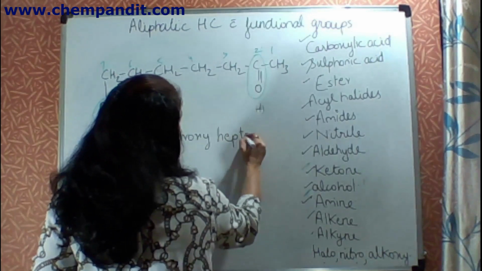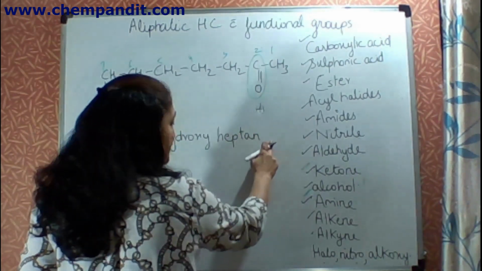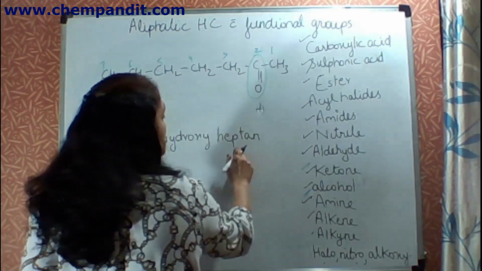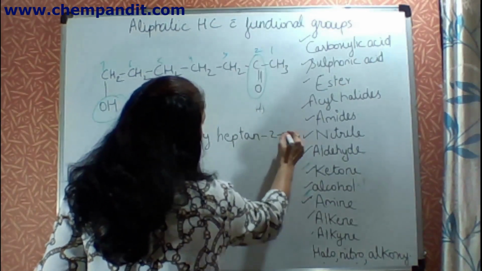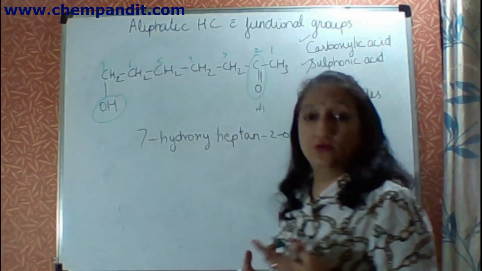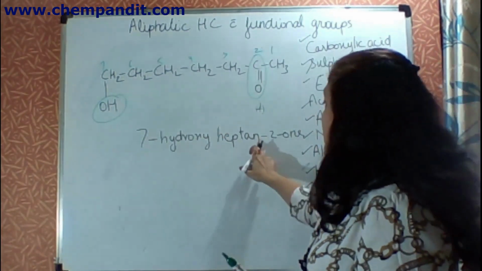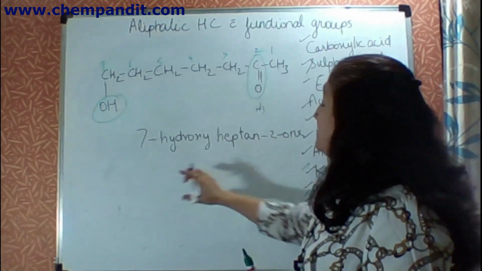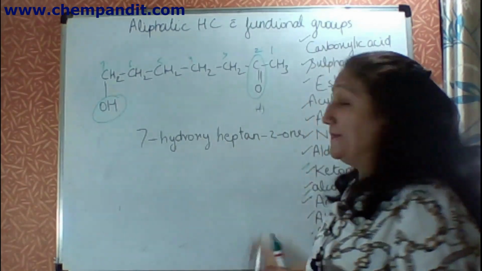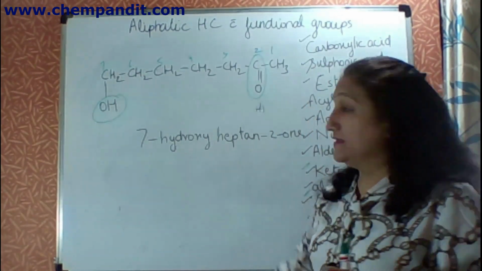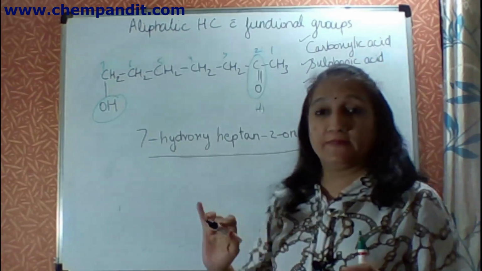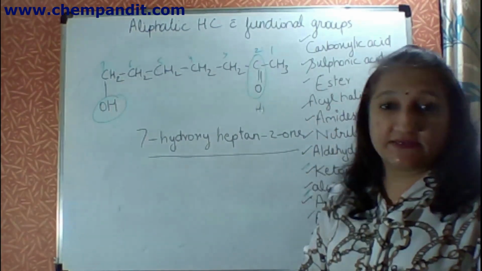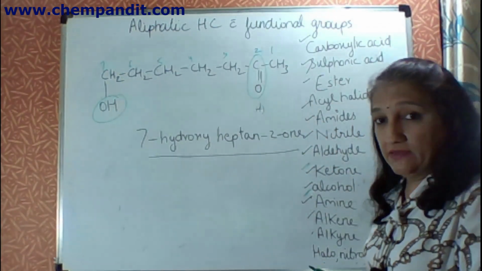Therefore, heptane. I am not writing the E because this is not an alkane. It is a ketone. So, heptane position 2 on. This is basically heptanone. E doesn't come in the heptanone word. Right? So the final name of the compound becomes 7-hydroxyheptane-2-one. Are you getting this? We have named this compound as per the rules we just discussed. Clear? This is clear to everyone?